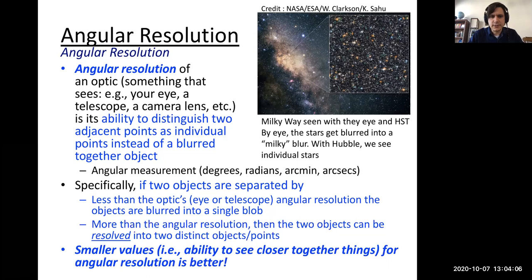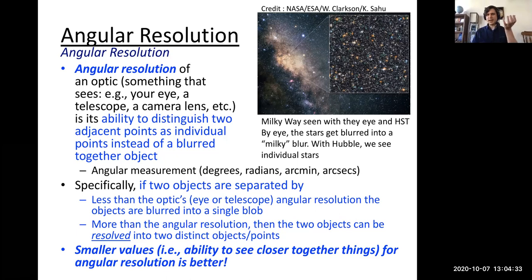If, however, the angular separation is more than the angular resolution of your eye or of the telescope, then your eye or the telescope can see those as two distinct points of light, and we say that things are resolved. So we're going to be comparing the angular resolution, measured in arc seconds or arc minutes, of a telescope to the angular separation of objects in the sky.